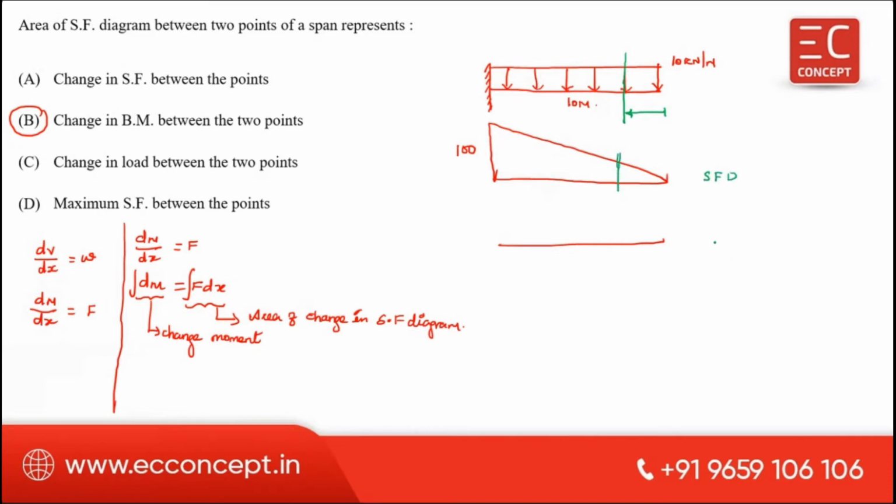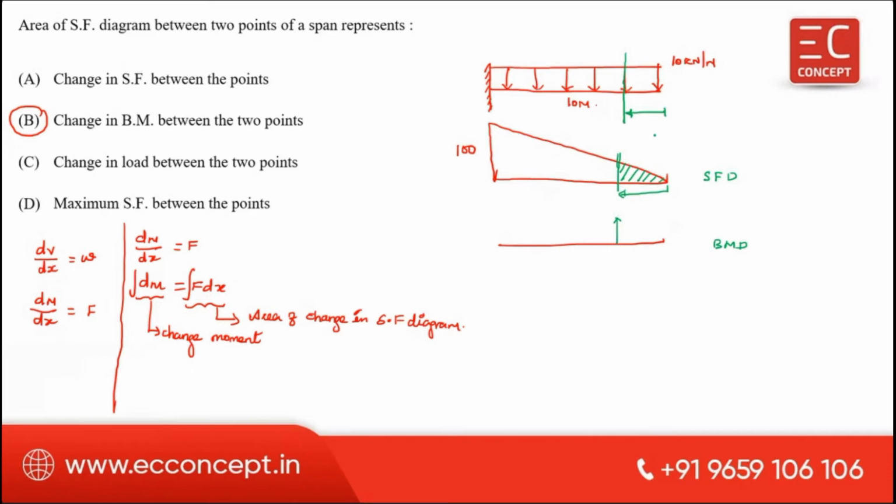This is the bending moment diagram. They are asking what is the bending moment at this point. Bending moment at the point corresponding to this section is the change in area of shear force diagram between these two sections.